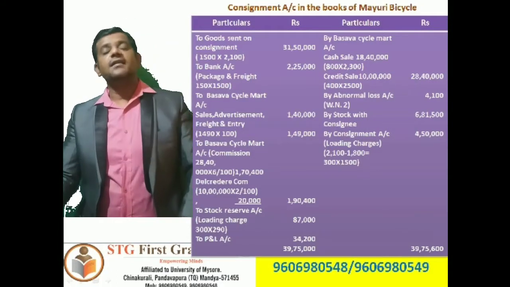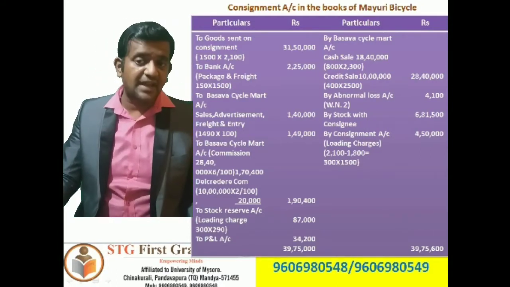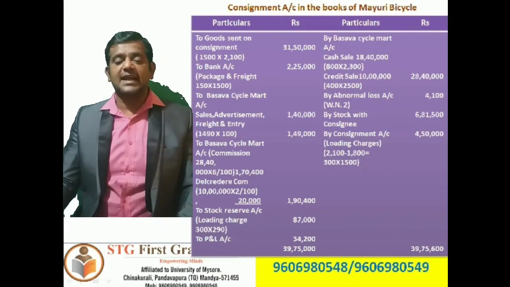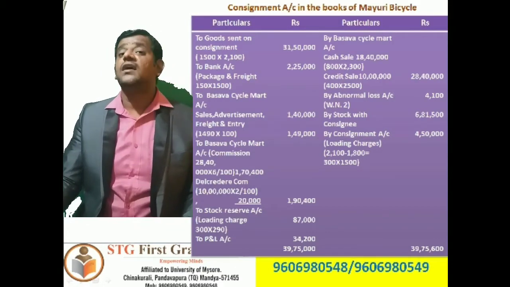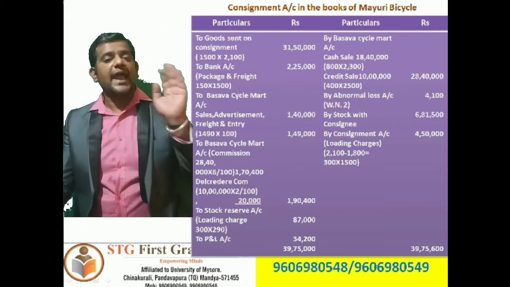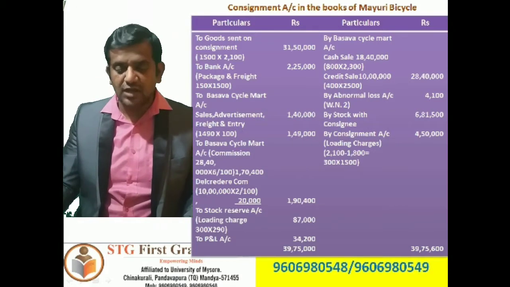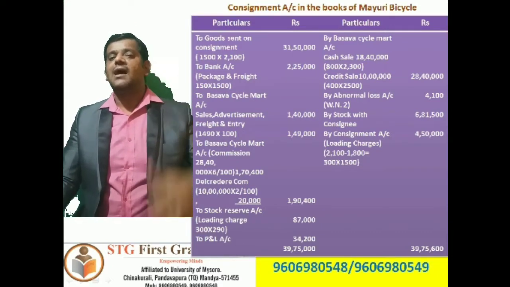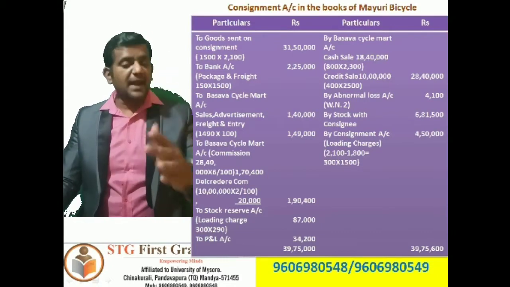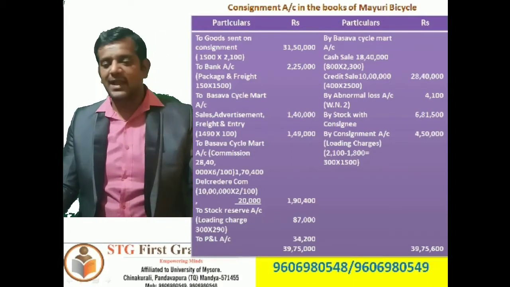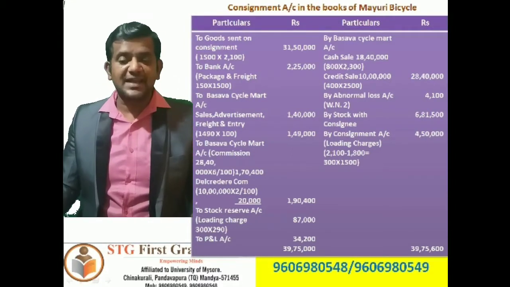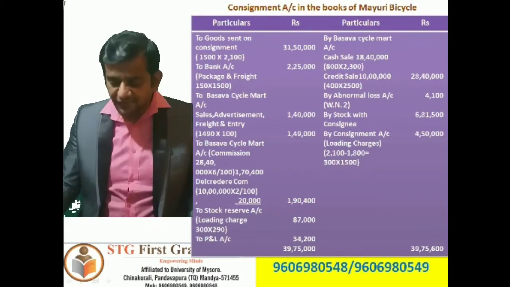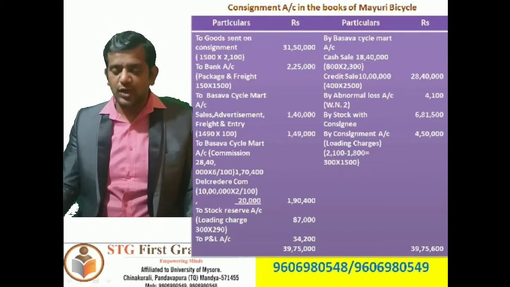So enter it. Now check which side is greater. Obviously here the credit side is greater. So the greater side total is 39,75,000 rupees. Enter the same amount into the amount column. 39,75,000 minus 31,50,000 minus 2,25,000 minus 1,40,000 minus 1,49,000 minus 1,90,400 minus 87,000 rupees, and the difference is 34,200.